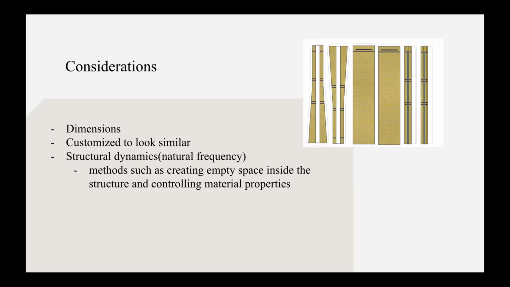So there were some considerations that we decided to make while creating the model. The first was to consider the actual dimensions. Secondly, we decided to customize it to look as similar as possible. And lastly, in order to make the dynamic property similar to the actual structure, we investigated the structural dynamics.